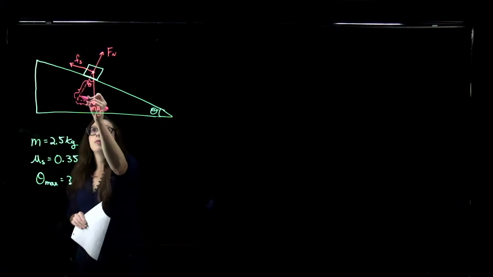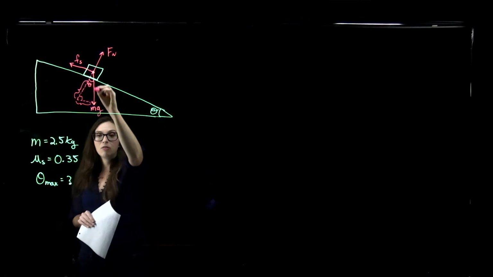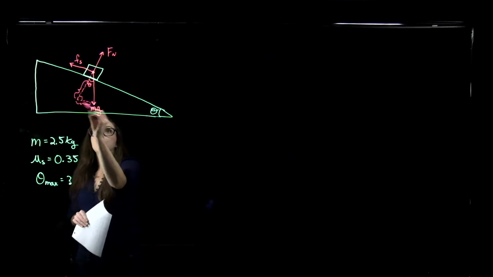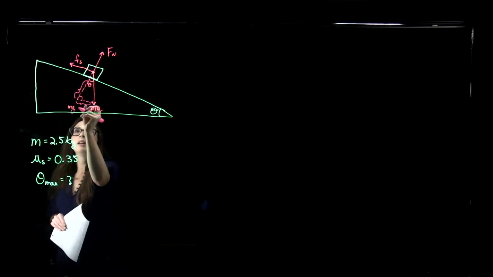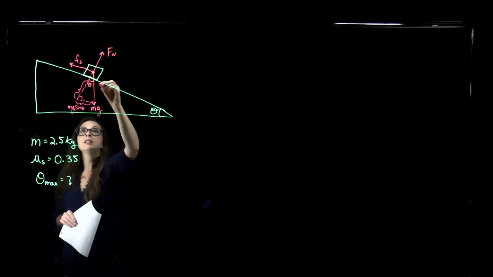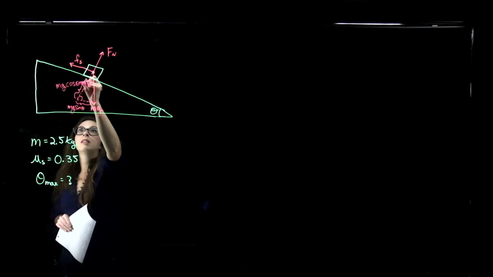So this makes a little right angle triangle where the weight is the hypotenuse, our weight vector. And then the opposite side from the angle, that weight component is going to be mg sine theta. And over here, the adjacent side to this angle, that weight component is going to be mg cosine theta.